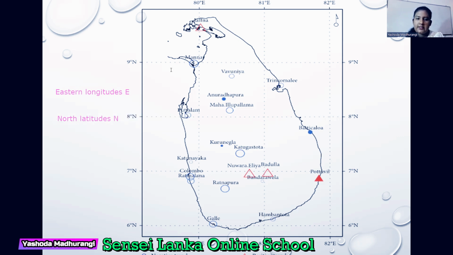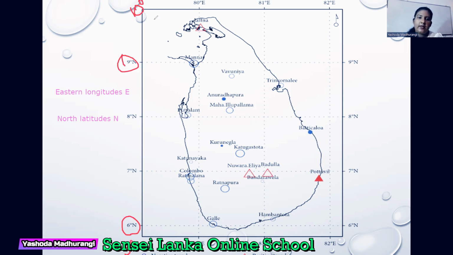Now try to understand. Here you can see 6N. That means north latitude 6. Then 9 is here. Then here you can understand 10 is here. If this is 6, 5 is here, 5 north latitude.